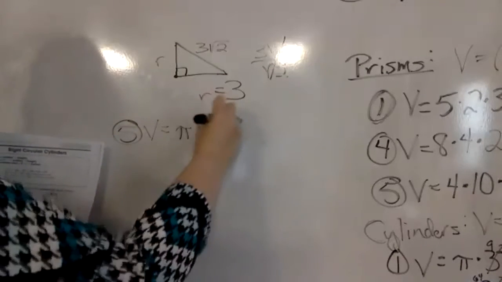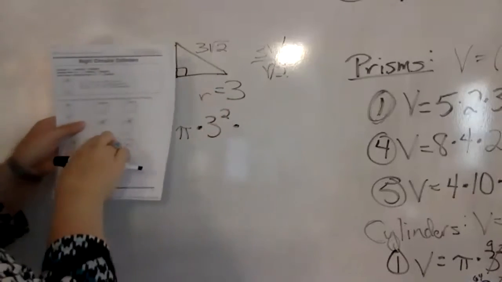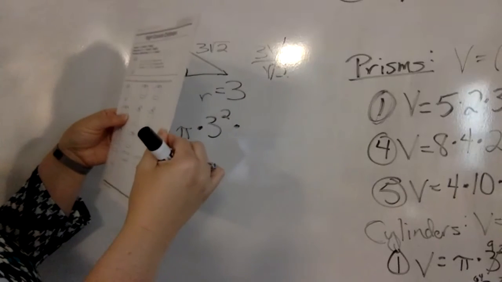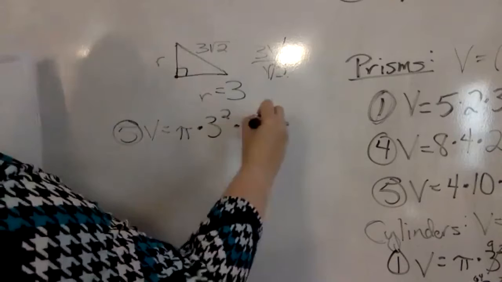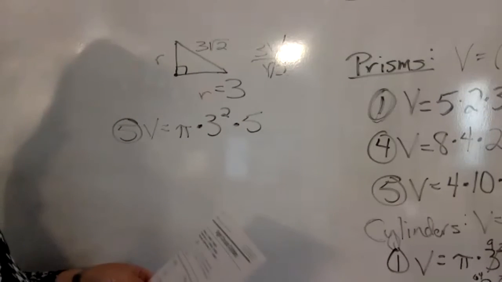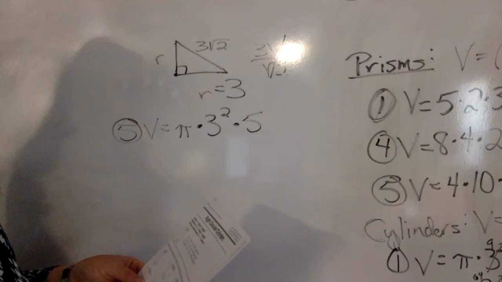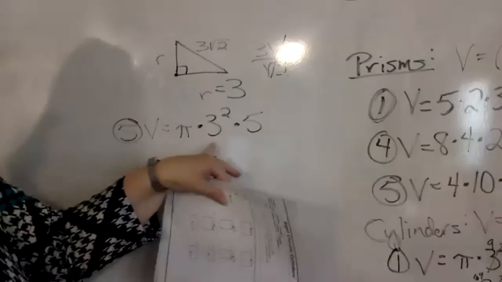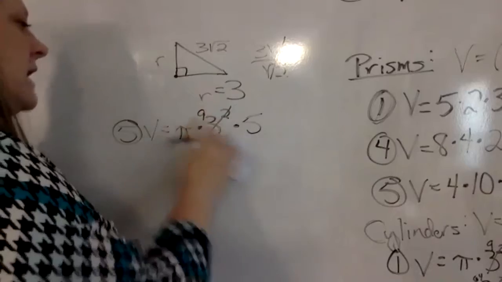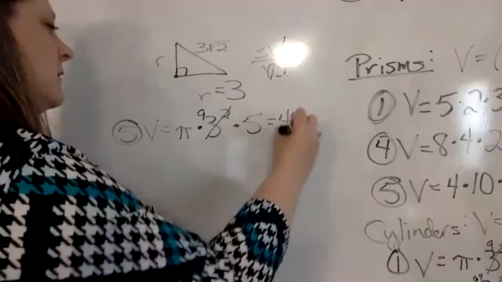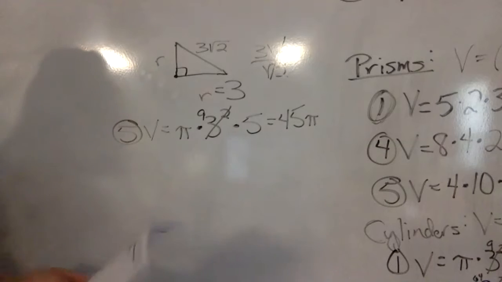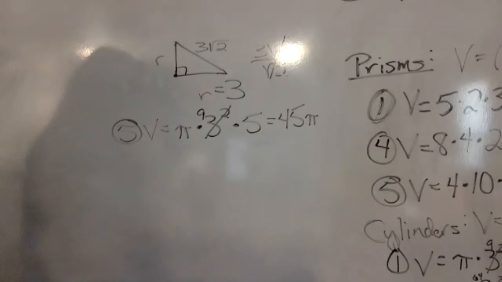Pi times the radius squared times the height of the cylinder, which is a 5 on number 5. So 3 squared is what? 9. And then 9 times 5 is 45. 45 pi.